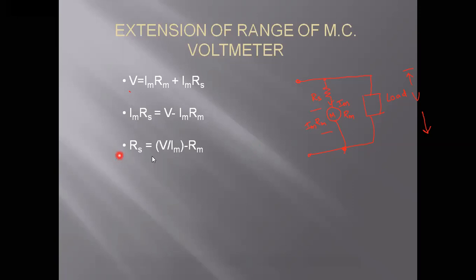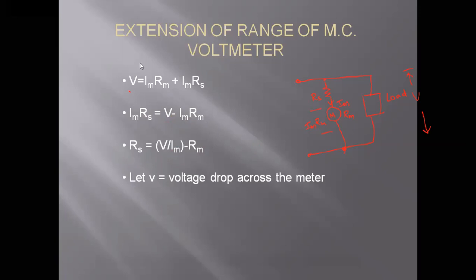From this, Rs is equal to, I bring Im to this side of the equation and distribute it, then I'll be left with V by Im minus Im by Im into Rm. Im will get cancelled, so I'll be left only with Rm.